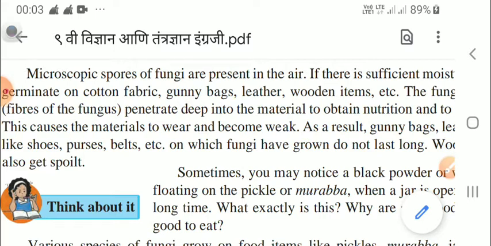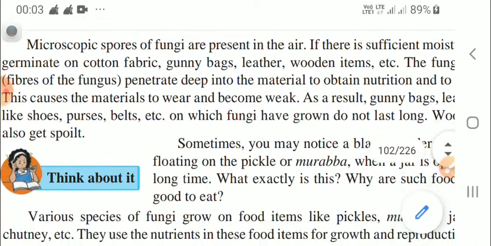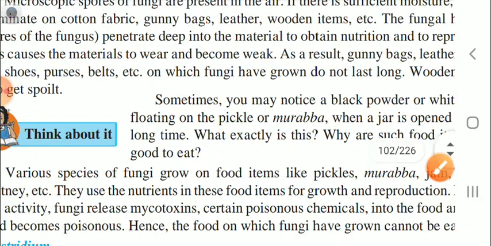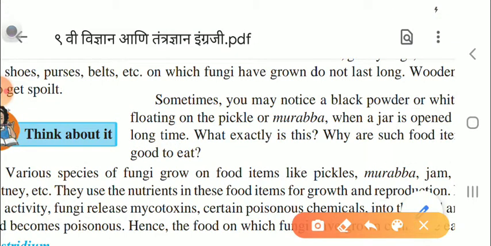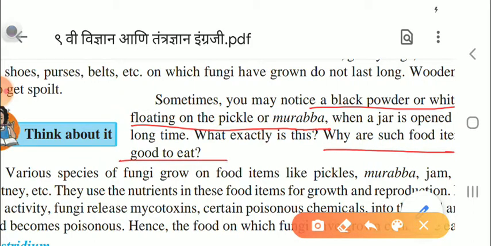Now, let me explain why these items become poisonous. First of all, underline this: a black powder or white substance floating on the murabba. Such food items are not good to eat.